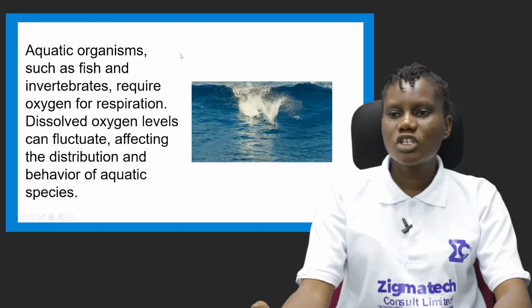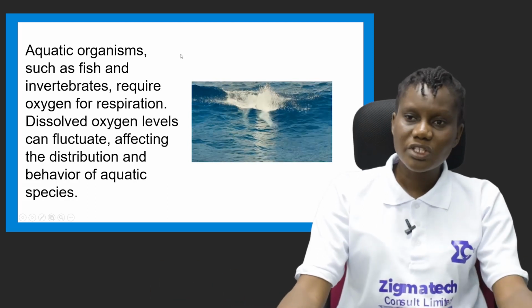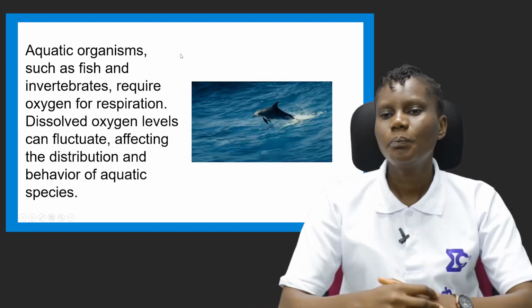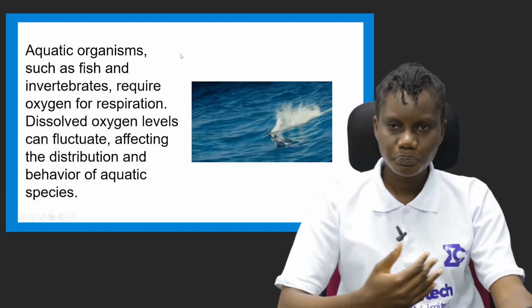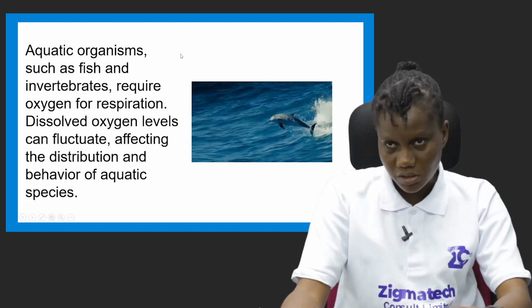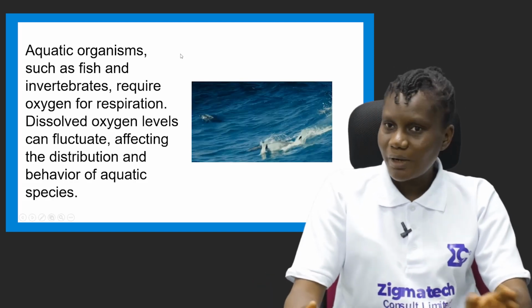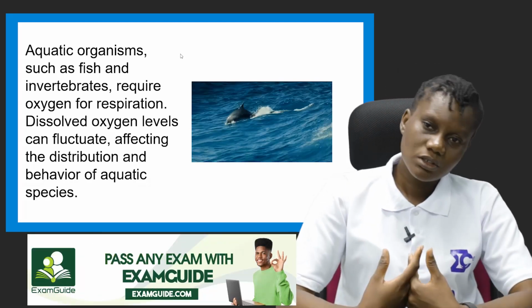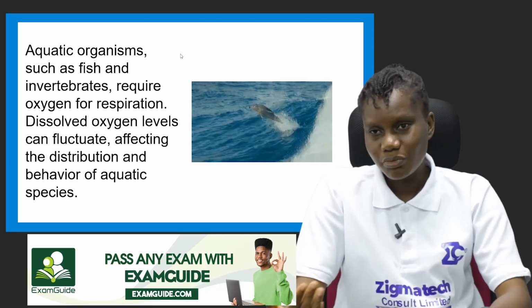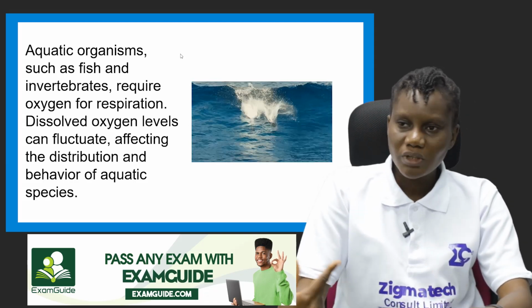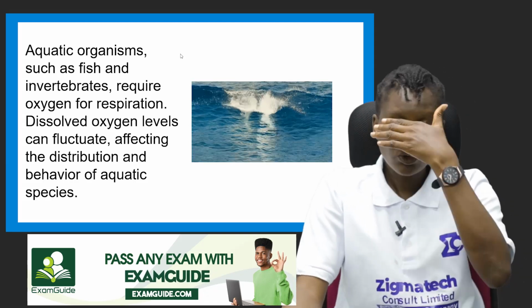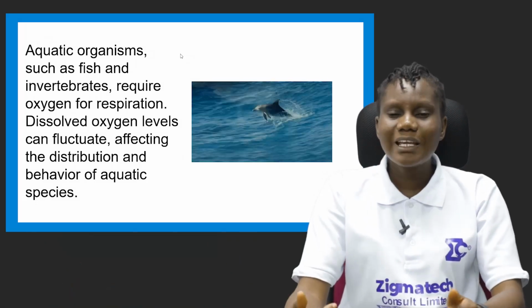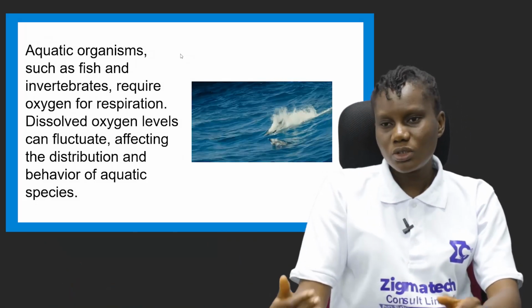Aquatic organisms such as fish and invertebrates require oxygen for respiration. Aquatic animals, let me put it that way, because plants do not, they give off oxygen actually. Without oxygen, they cannot survive.